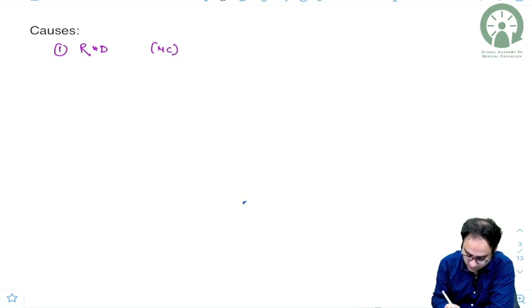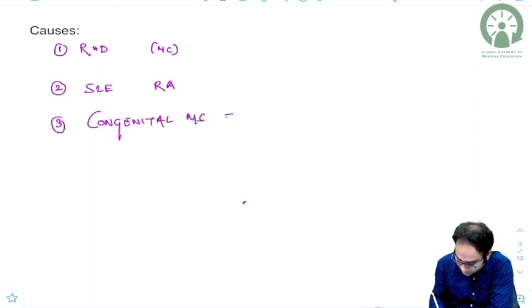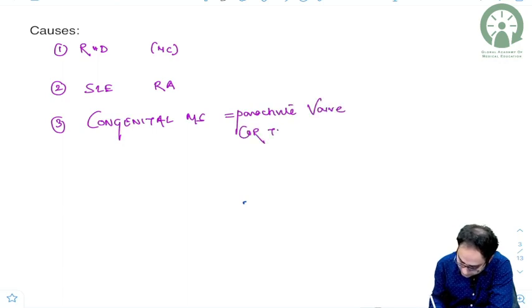This is the most common cause. Second, we can see it in SLE and rheumatoid arthritis patients. Third, we have certain congenital causes of MS like parachute valve or cor triatriatum.